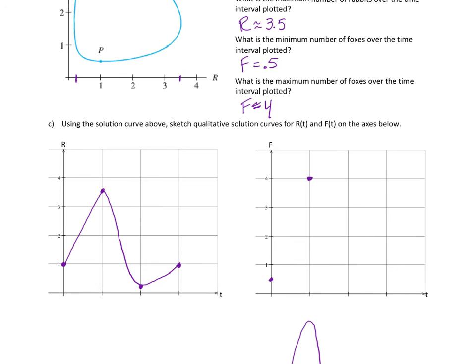So I'm going to put this here and this here, so that it should take the same amount of time because they're on the same phase portrait. So something like that.